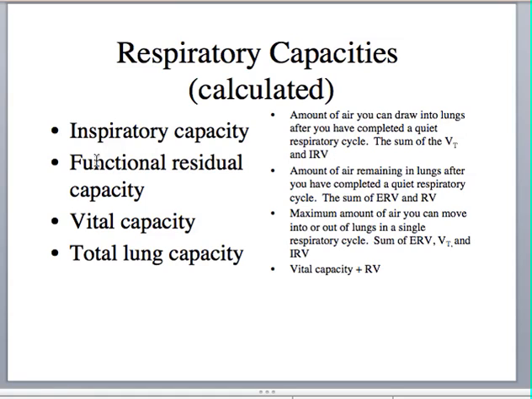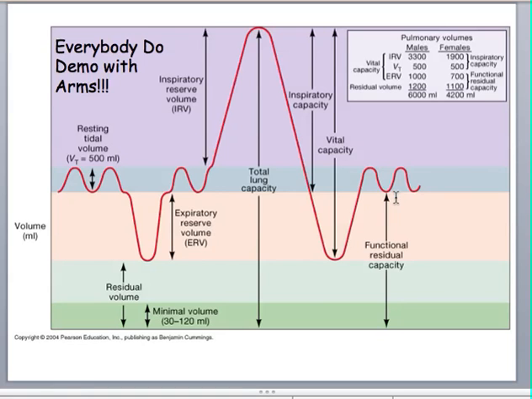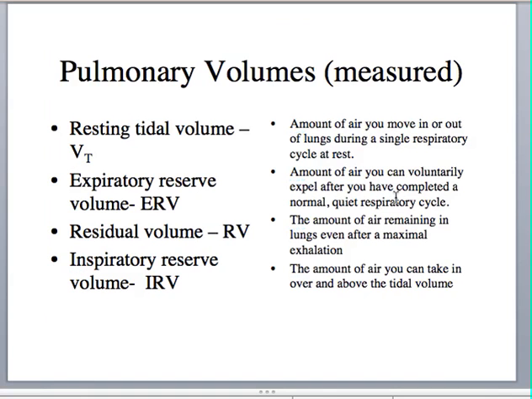Your functional residual capacity is the amount of air in your lungs after you've completed a quiet respiratory cycle. It's the sum of your ERV and your RV, meaning your expiratory reserve volume and your residual volume. The ERV is the expiratory reserve volume, and then the RV is the residual volume.